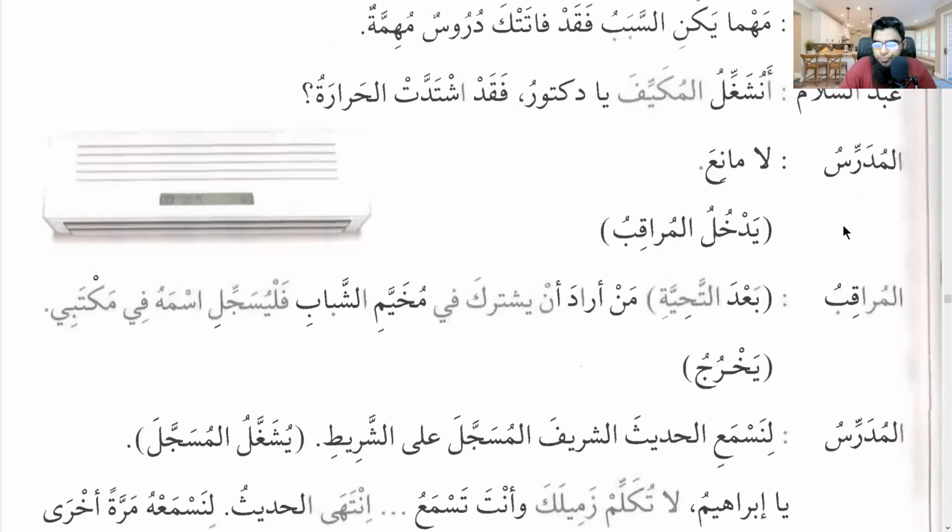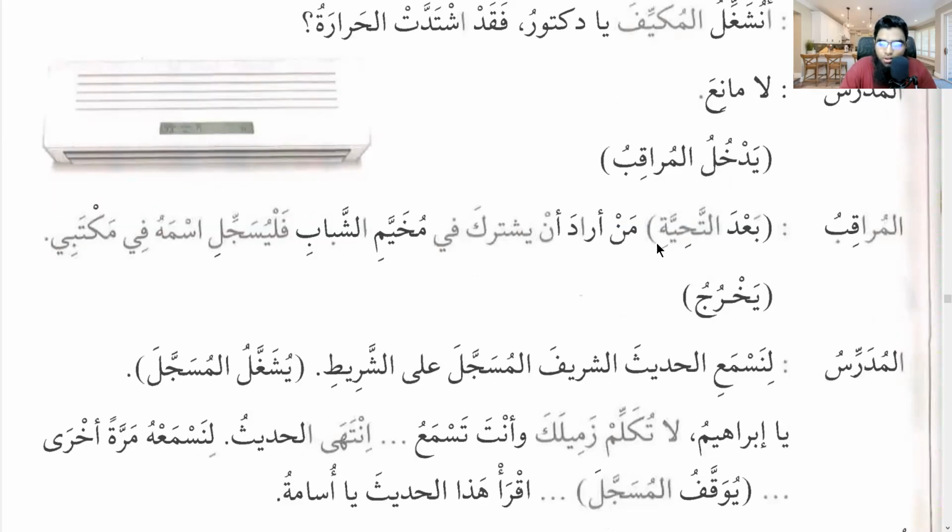Yadkhulul muraqib. This inspector guy comes back again. Yadkhulul muraqibu. So anytime he wants to bring more verbs, muraqib will come. Ba'da at-tahiyyati. Hayya'a yuhayyi'u, tahiyyatun. It's written on the ya.